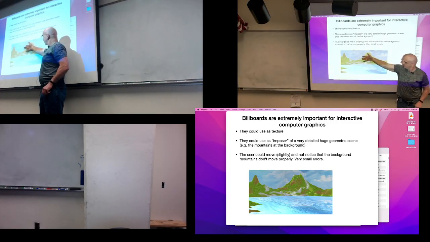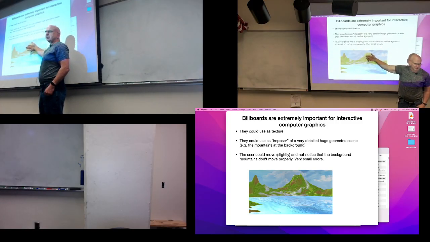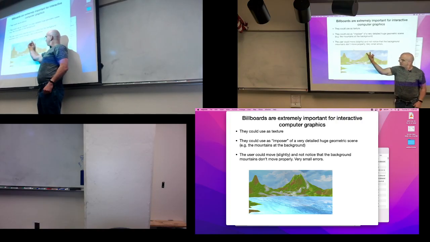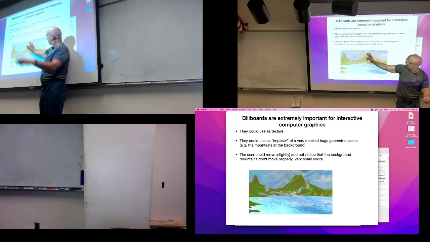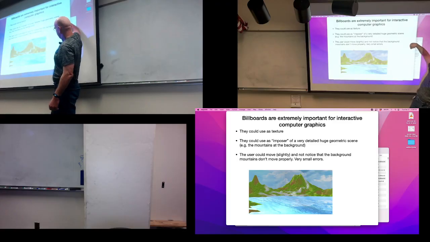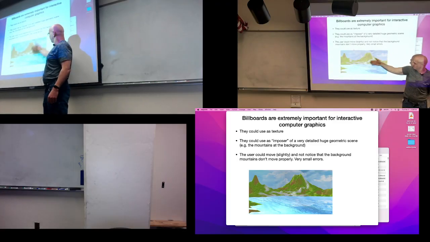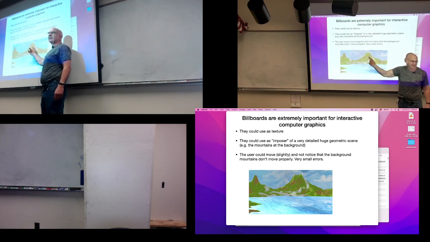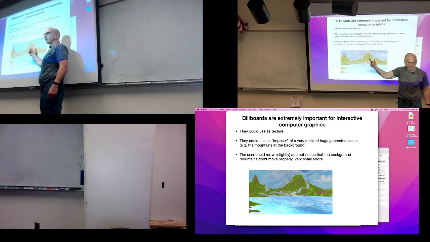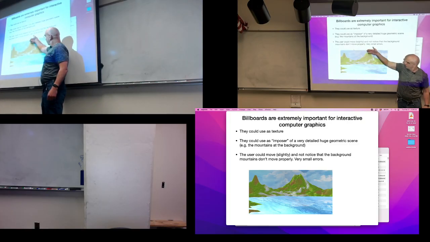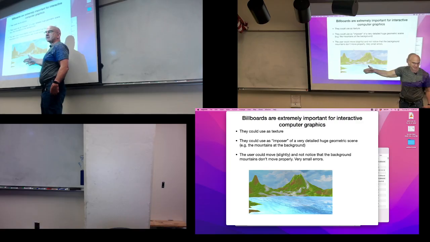The big mountains that are far away from you, you don't expect one peak to start occluding another unless you fly all the way far away from where you start. Which means we can look at the three-dimensional data that we have for everything in the background, spend pre-processing time, create one image that will live in the background, and put it on a big billboard.